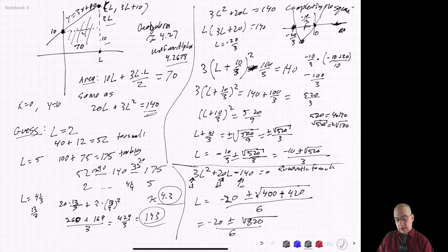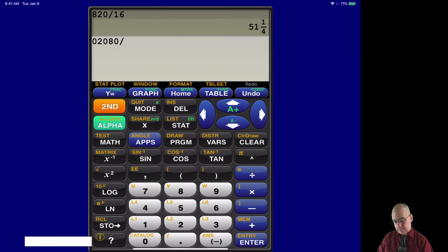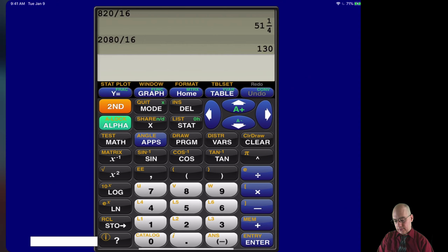That doesn't seem right. So I screwed up here. 4AC. Sorry. Since I actually want to pull out a 4, I don't actually have to do the multiplication out. But if you're just kind of messing around, you need to multiply that by 4 times 420, or 1680. 1680 or 2080. That makes some sense. 130. There you go.